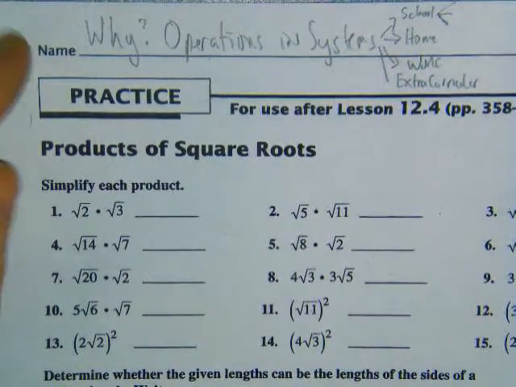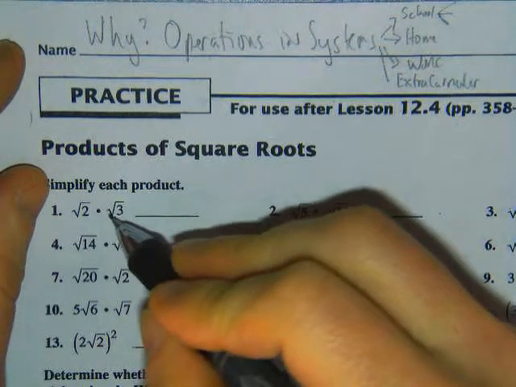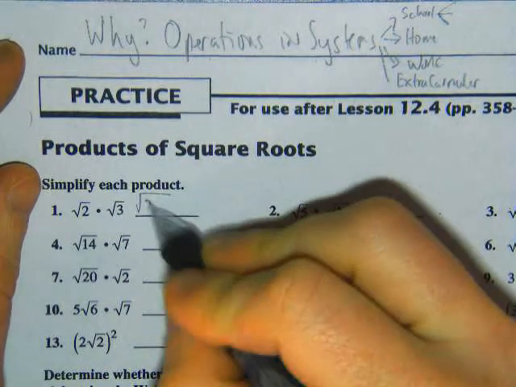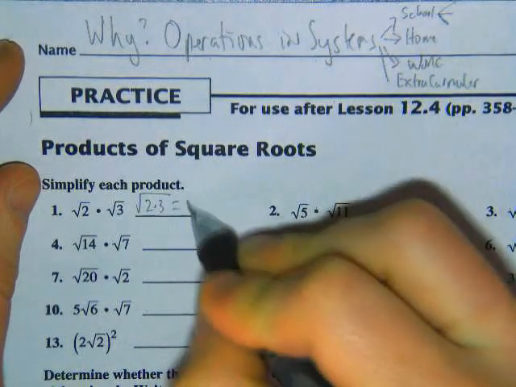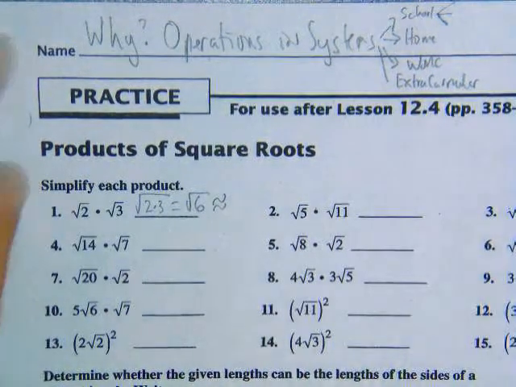Okay? So very simply here, if you're multiplying two roots, then you just multiply the numbers inside the roots, and then you approximate it on your calculator.